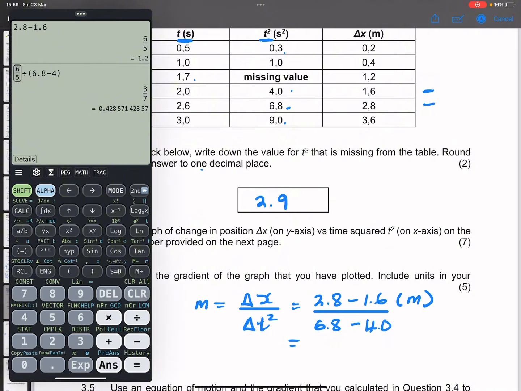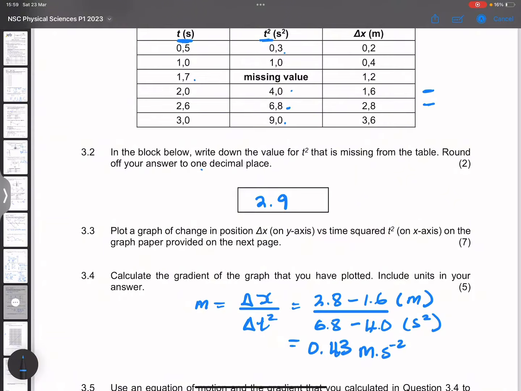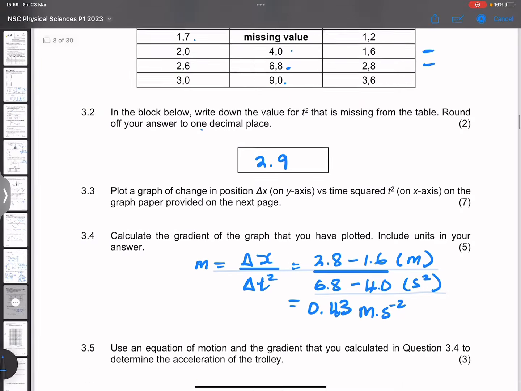Right, I get a value of 0.43. And remember, this is second squared. So this would be meters per second squared, right? So the gradient would be 0.43 meters per second squared. I hope that makes sense, ladies and gents.